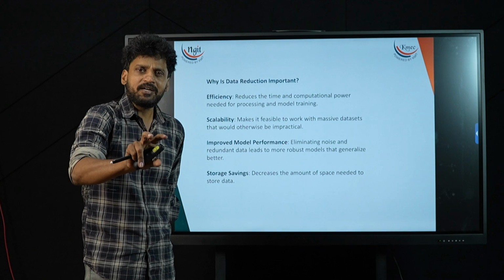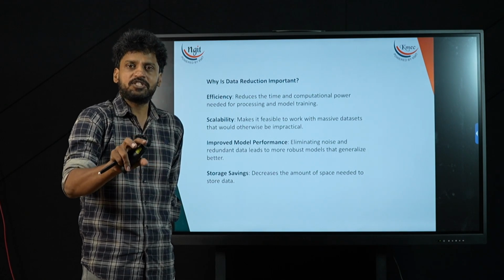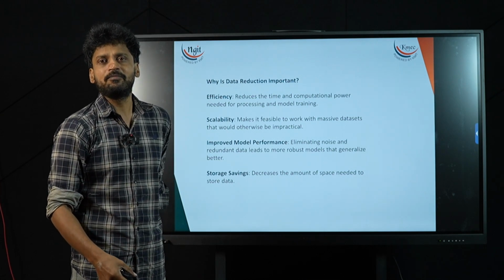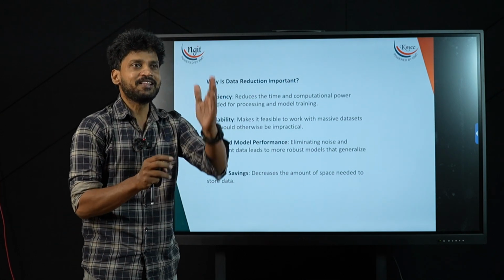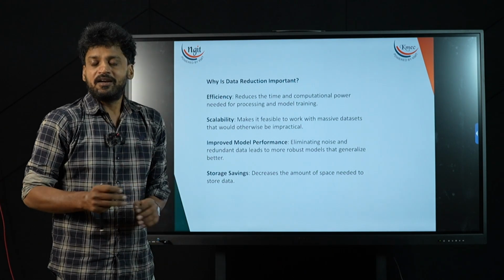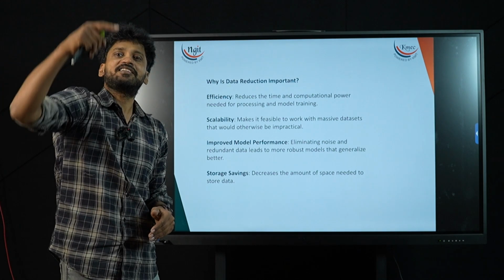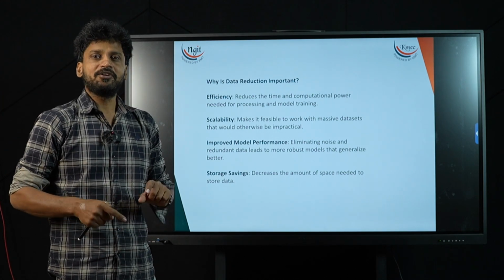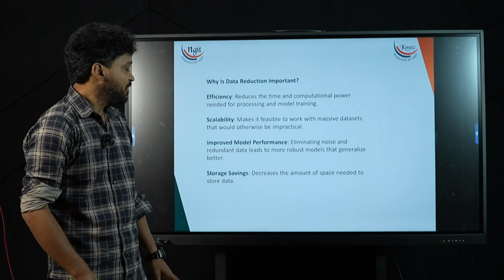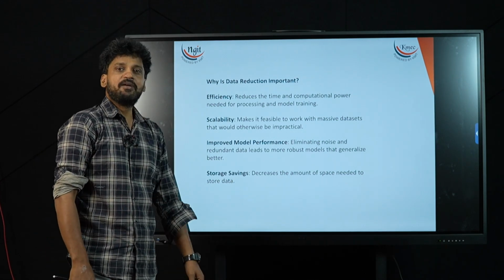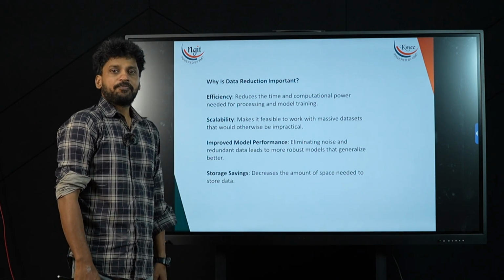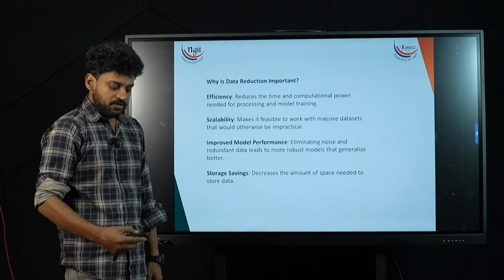RAM is a very limited amount, around 2 GB to 4 GB, or at most 16 GB. If the size of the file is large, your performance will suffer, because you will observe lags in the streaming. Similarly, when the model is running and the RAM is small and your data set is bigger, you can observe some computational lag. So storage savings are vital, and things get better as you compress and reduce the size of the data.